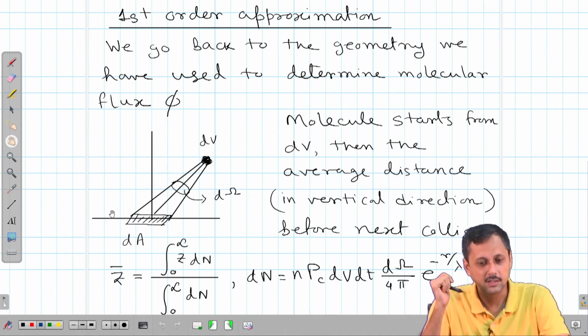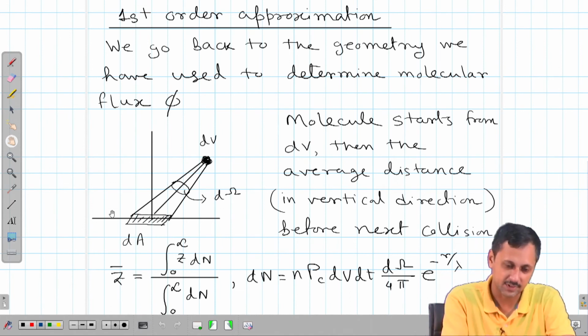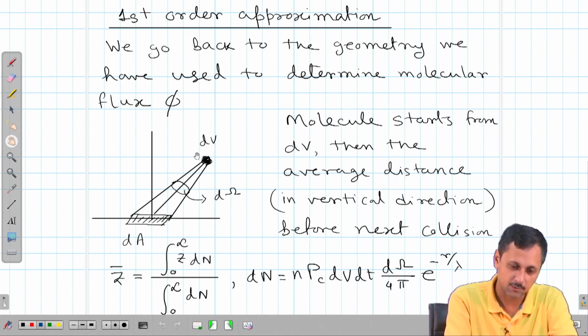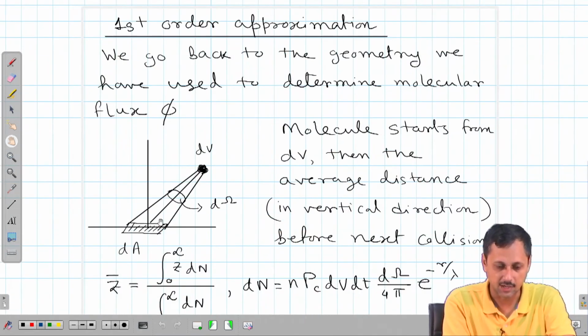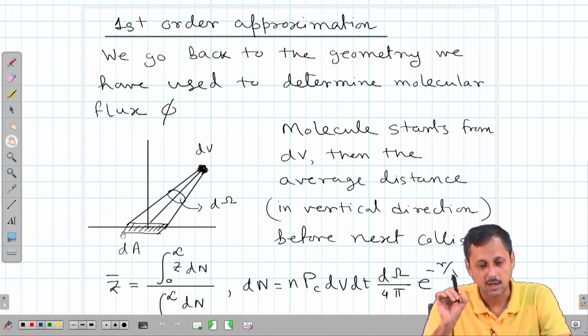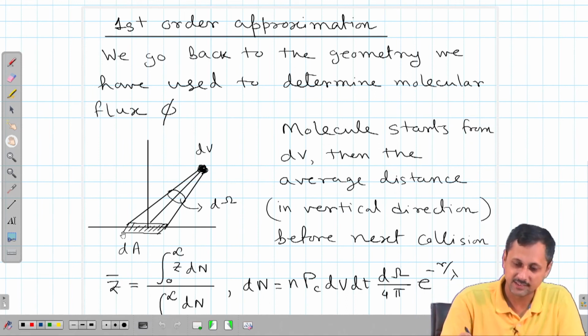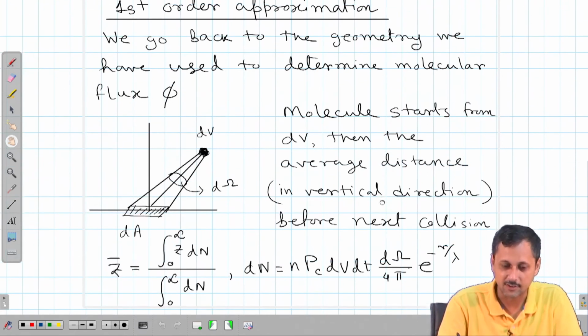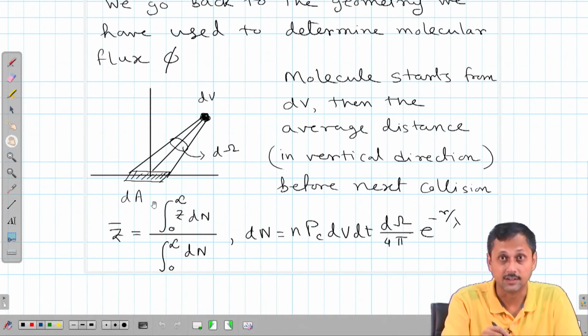You remember that we had this particular geometry when we have a small elemental volume dV which is hitting a small surface area dA on the container wall, when we calculated molecular flux, and we use exactly the same geometry to calculate the average distance along z direction.